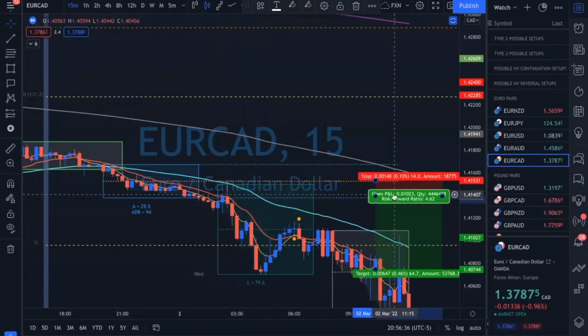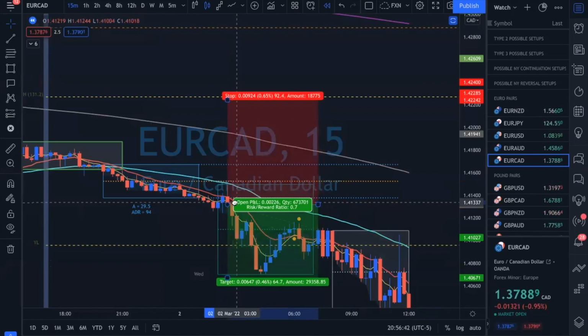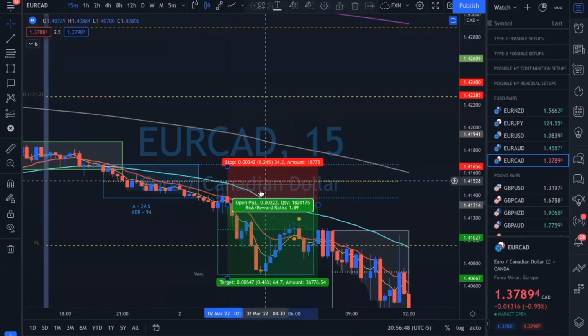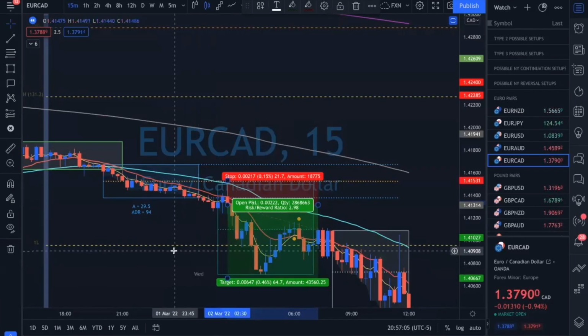So if your entry is right after the railroad tracks, well, your stop loss is going to go above the railroad track. Now, in this case, because you have the 50 there, you'd want to have your stop loss above the 50, because the 50 basically protects you. It's like a barrier, like a line that helps protect you.